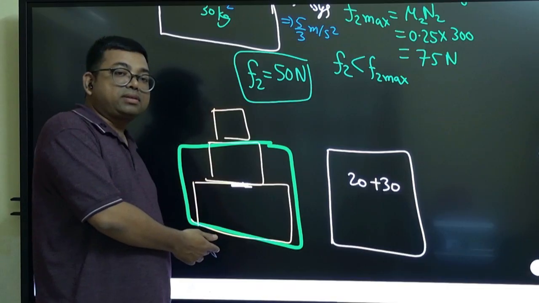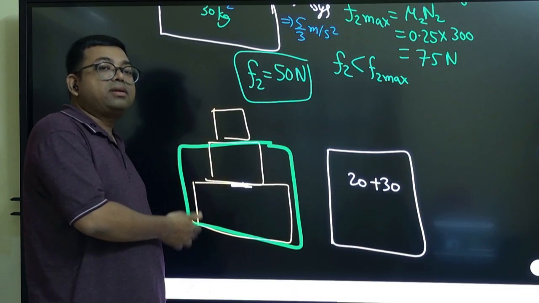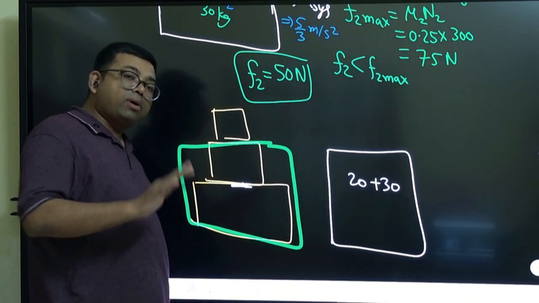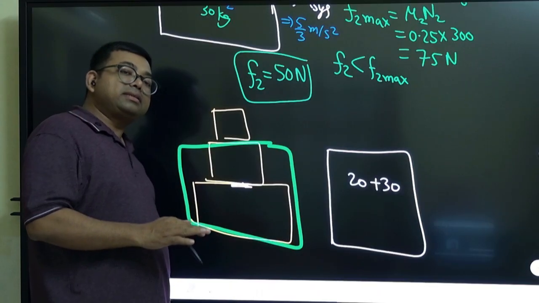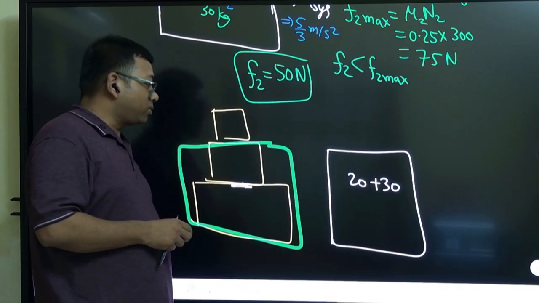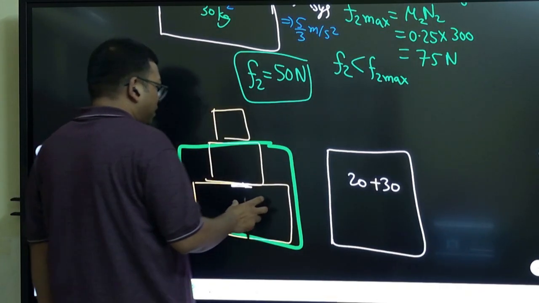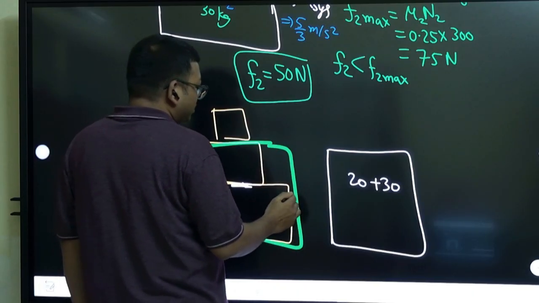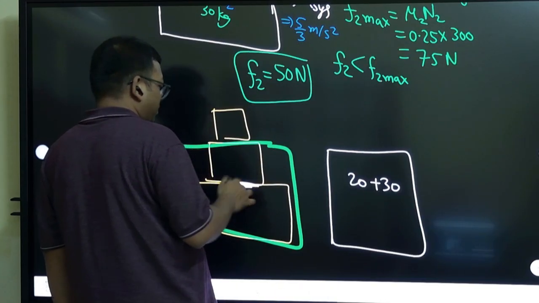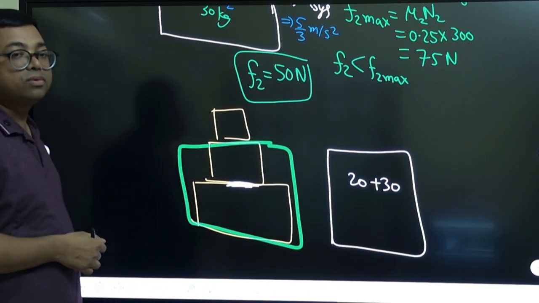Why are we calculating that? They have given, no, there is no friction. No, all those accelerations are with respect to ground only. All accelerations are with respect to ground only. So what we have calculated is that for these surfaces, there is no relative motion between them. That's what we have calculated just now.